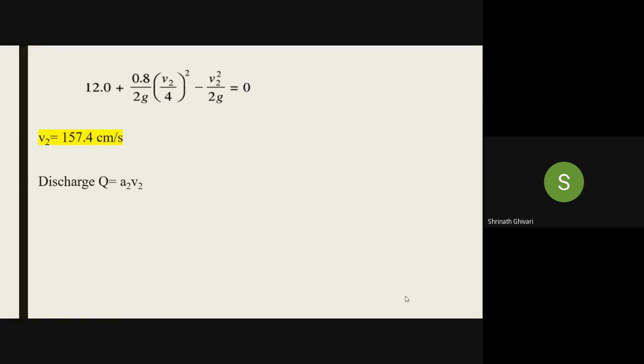How much is the area and how much is the velocity? What is the answer for discharge?